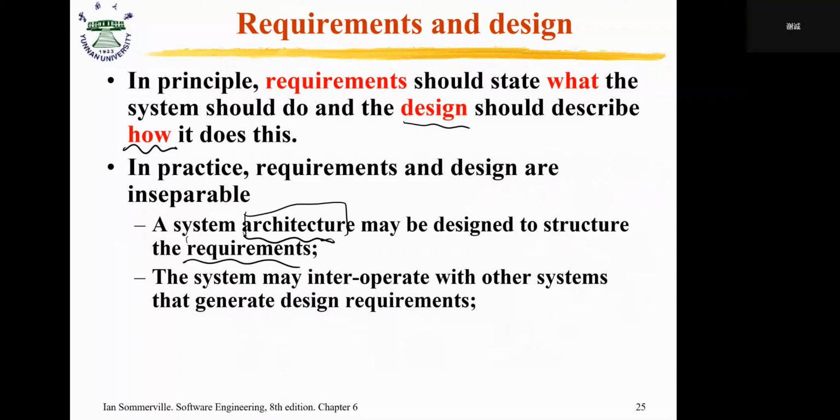It always interoperate with other systems. So when you do the requirement, you will publish some so-called interface. That means the system interface among the different systems. This is a requirement. And based on this interface, you also need to design the interface into the programming language. You will see later.